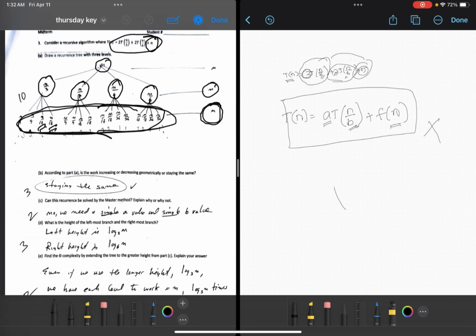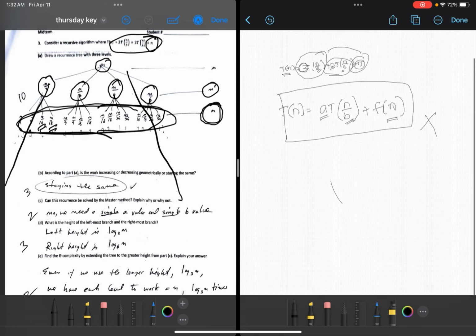But one of the branches is going to come down to unity faster than the other, because on one side it is getting divided by 3 and on the other side by 6. So the height of the branch here and here is different, not the same.